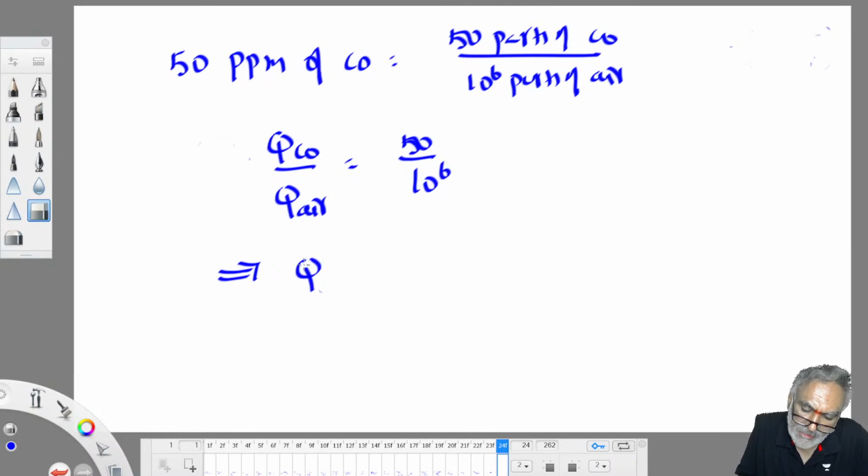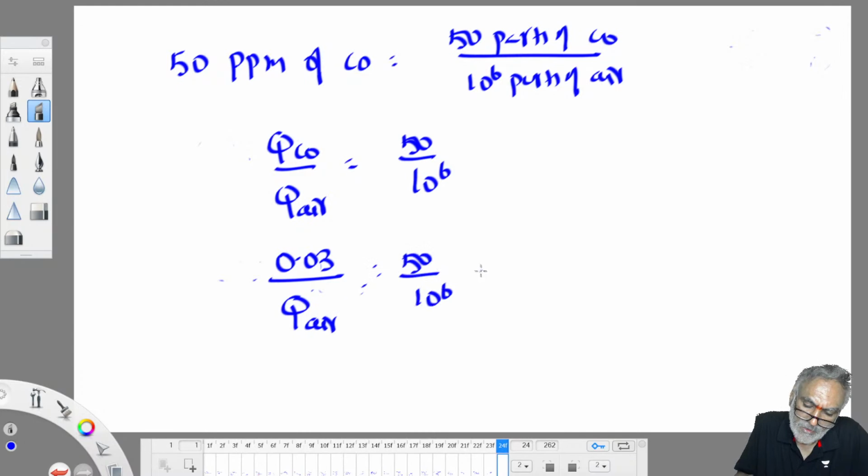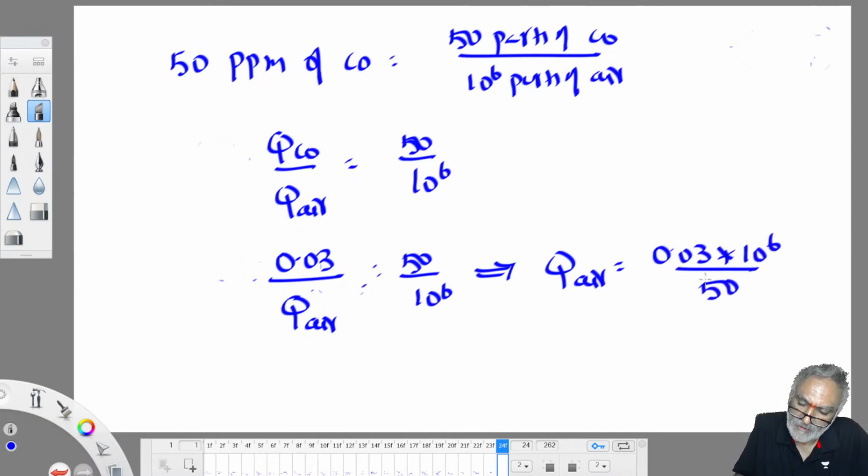Q carbon monoxide is given as 0.03 meter cube per minute. Q air is unknown. So Q air is 0.03 into 10 power 6 by 50 meter cube per minute only. If your answer doesn't match with the given options, we'll work out in meter cube per second.